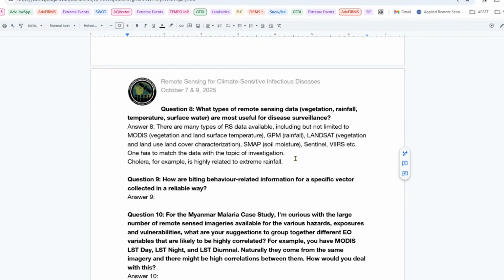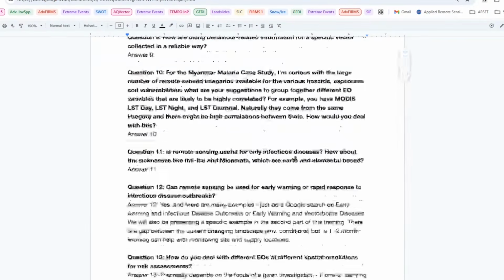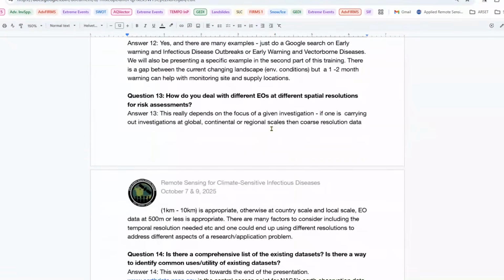Okay, another interesting question is number 13. How do you deal with different Earth observations at different spatial resolutions for disease risk assessment? Yeah, so I alluded to it a little bit in my presentation later. This probably came in before that came up. So everything ultimately has to be brought to the same functional reporting unit.